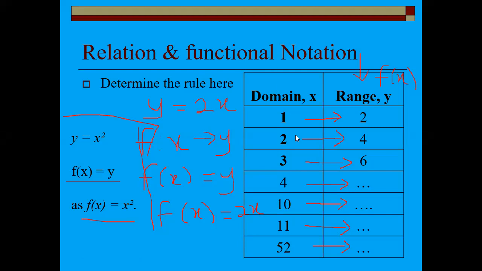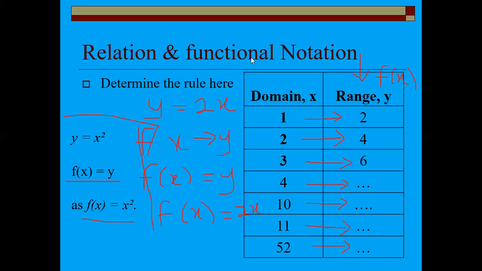So when you look at the pattern here, we have 1 to 2, 2 to 4, 3 to 6. 4 will be to what? Yes, class. 4 will map to 8. 5 will map to 10. 6 will map to 12. Somebody says 10 will map to 12.